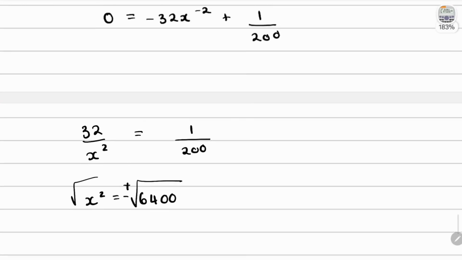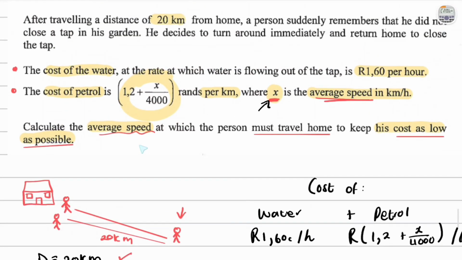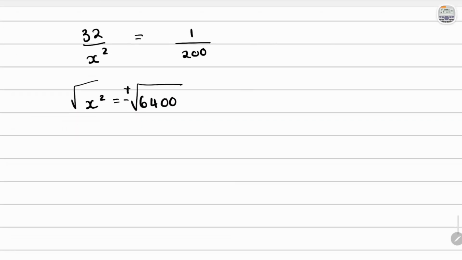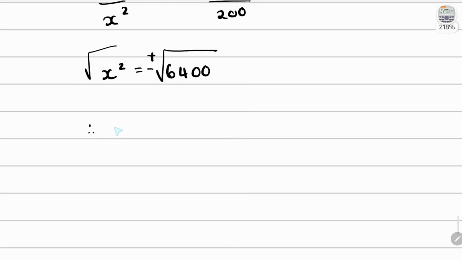But in this situation, consider what x is. X represents the speed. So the speed is not negative, it's positive. Regardless of whether you ever get a negative value for the speed, you have to consider the absolute value to account for the speed. So x is equal to 80.